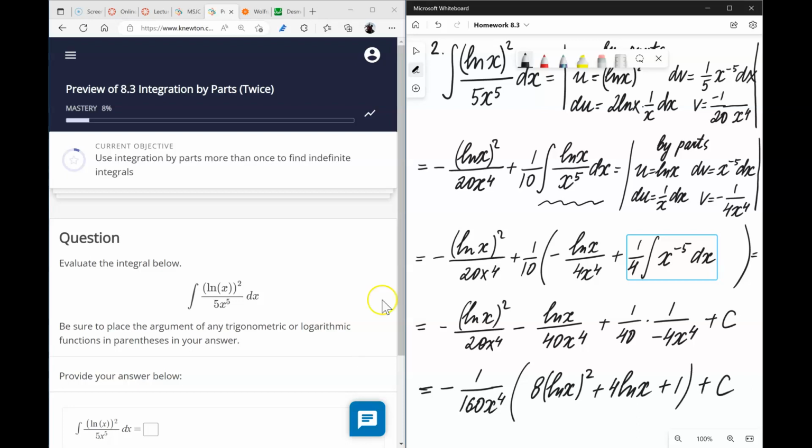So hopefully, not hopefully, but this is the right answer. That's the confidence we want to have, but hopefully we didn't make any typos. So we have here 8 ln of x squared plus 4 ln of x plus 1, and in the denominator we have 160x to the power 4, and we have plus c at the end.